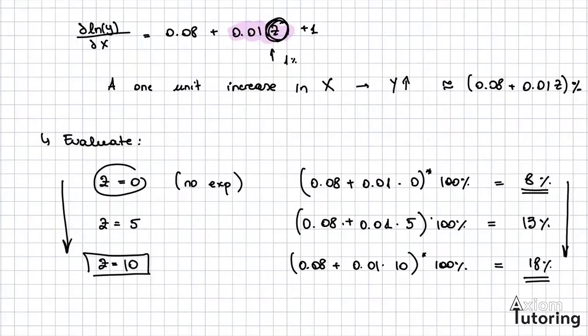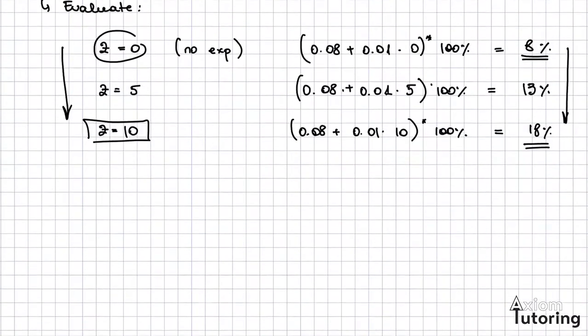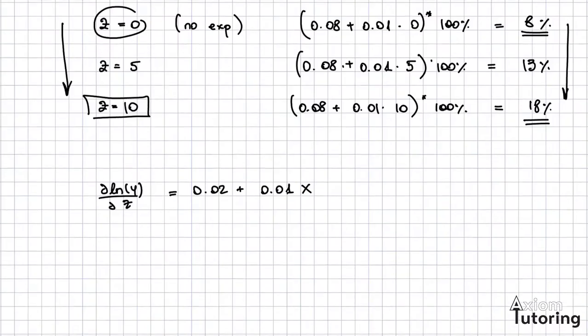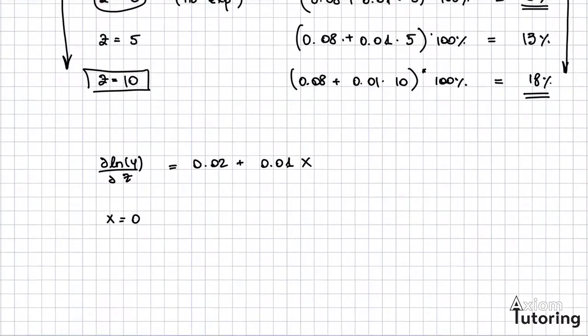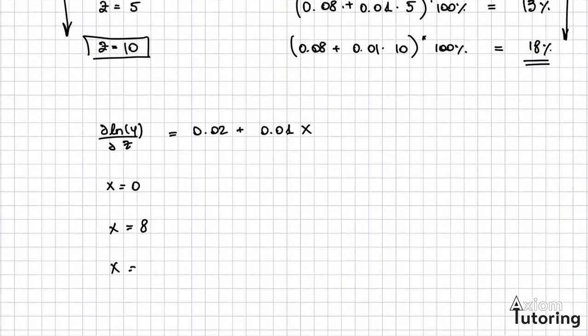Okay? If you wanted to flip the interpretation, because as we know, it's always symmetrical, you can always look at the derivative of ln y with respect to z, in which case you're going to get 0.02 plus 0.01x, okay? And as in the previous case, you can try and calculate yourself x equal to 0, x equal to 8, and then x equal to 16.